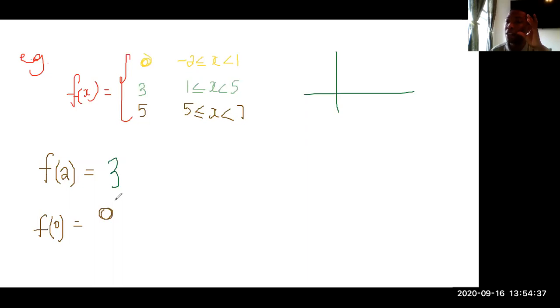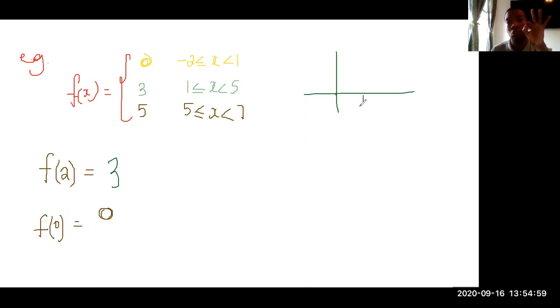Keep in mind, f of x is the same thing as range and the same thing as y. So when I say f of 0 is 0, I'm saying when x is 0, y is also 0. With this one up here, when I say f of 2 is 3, I'm saying when x is 2, y is 3.